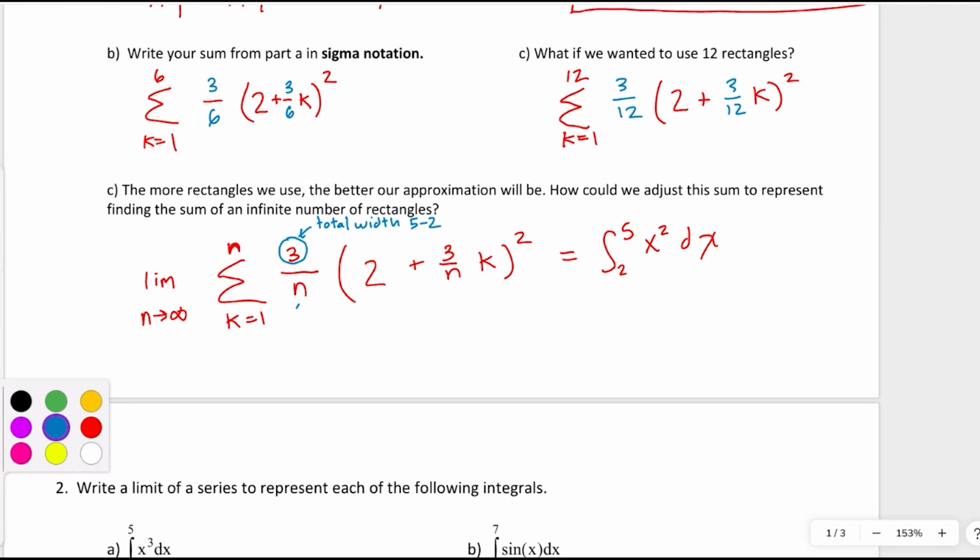What does n represent? The closest you can ever get to infinity. It was 6 here, it was 12 there. We want it to be infinity, so this is the best we can do. It's the number of rectangles, right?